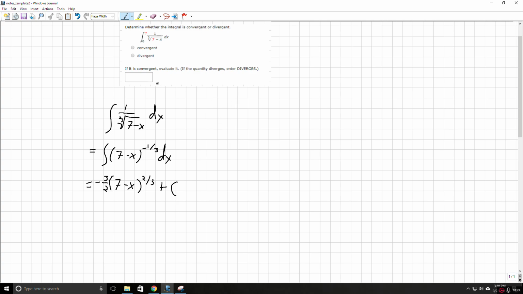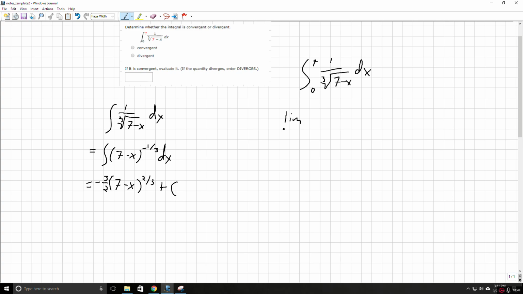Okay, now the trick here comes in with this 7 here, where it's not defined. So to solve it, just put it back in. Now you find the definite integral, 7 minus x. So since you can't evaluate it right at 7, the trick you use is to apply a limit.